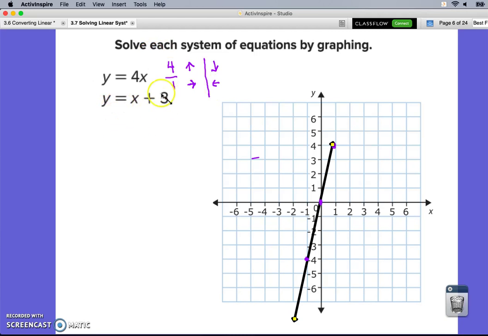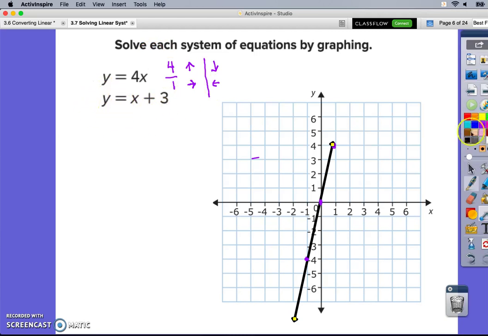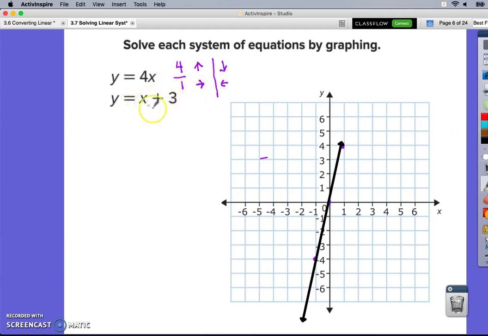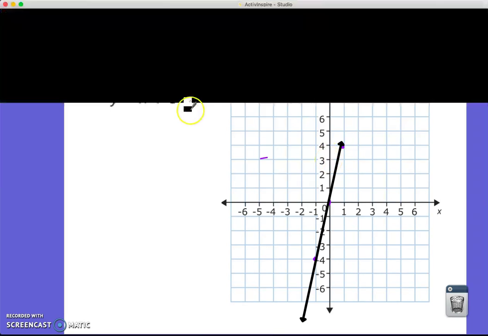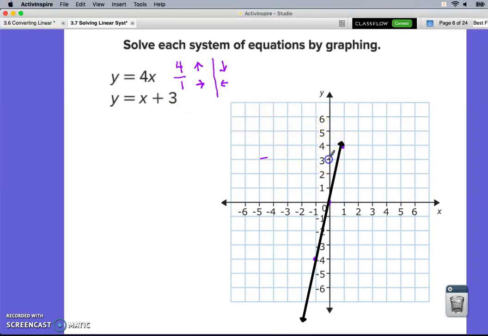All right, and then I want to graph this line. Remember my plus b or my plus 3, that's where I'm going to start. So I'm going to start at plus 3, so I start here. And then my slope, if I don't have anything connected to my x, that means 1.